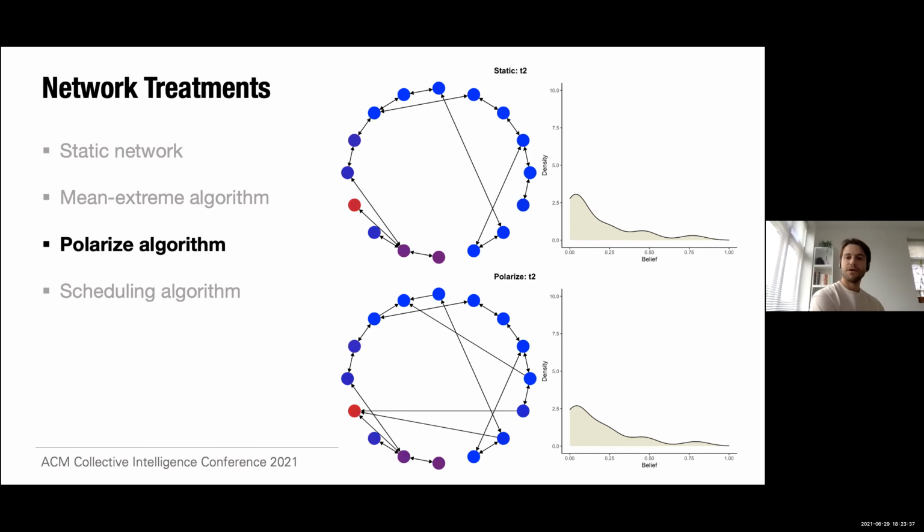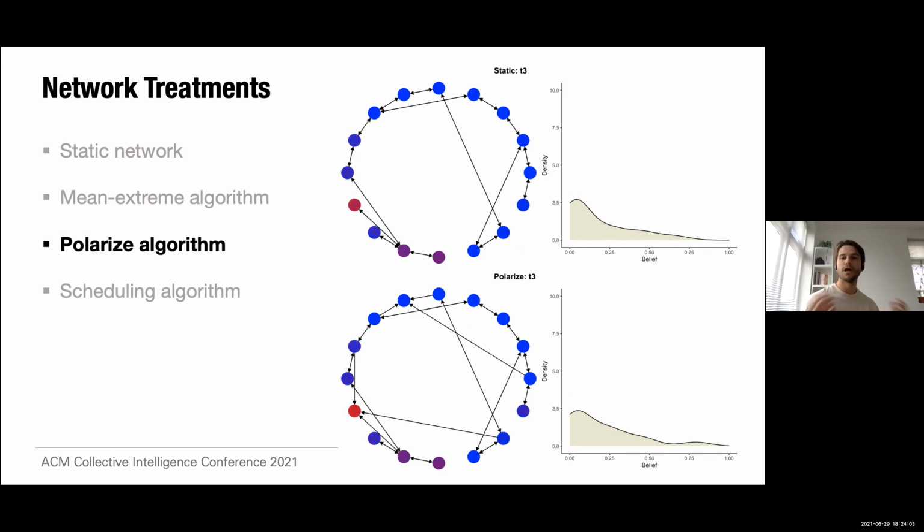The next one is what we call the polarized algorithm, and the aim of this one is to prevent a homogenization of beliefs and maintain a degree of diversity in the network. So what this one does is loop through the agents and identify those holding the most extreme beliefs on either side of the spectrum, or in other words, the polar agents. It then cuts all incoming ties to these agents so as to protect their beliefs from the influence of others.